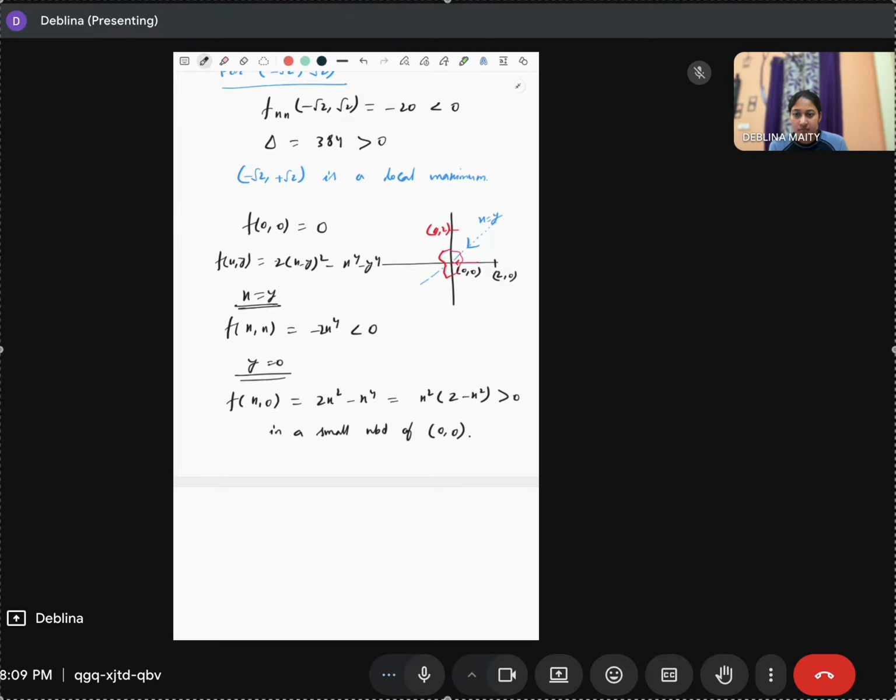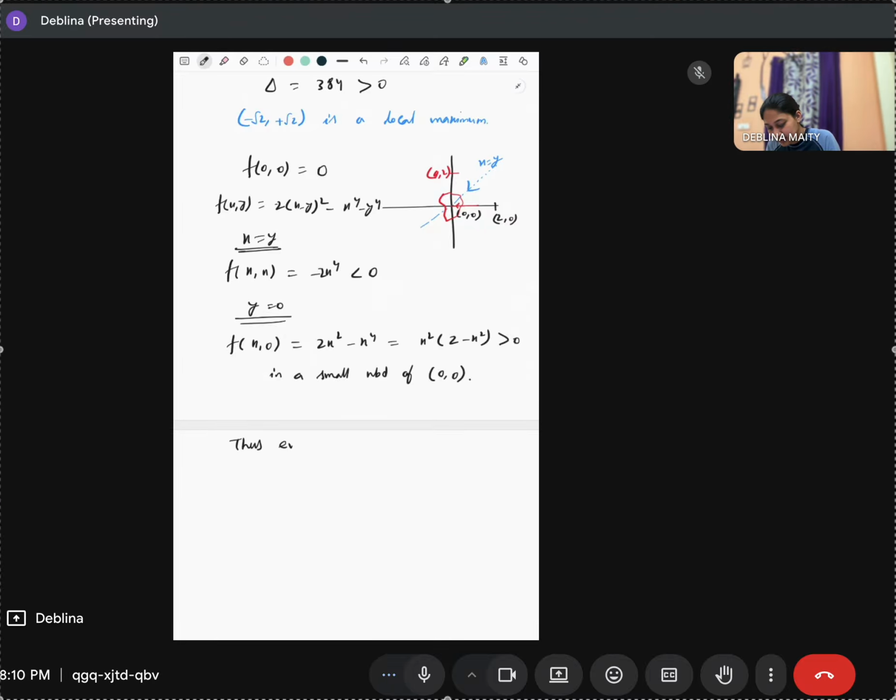In this line x equals to y the functional value will be negative, and in this x direction, when y is 0, the functional value will be positive. So 0 0 can never be a local maxima or minima, because there will always be some points which are greater than 0 and some which are less than 0, right?